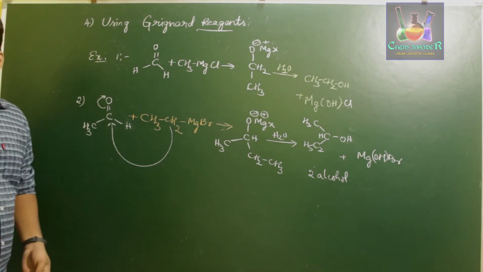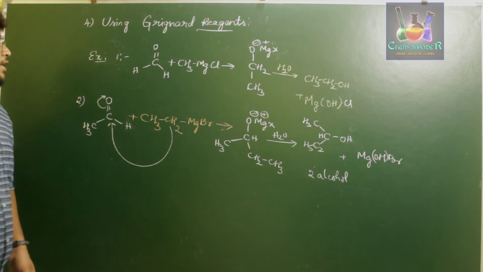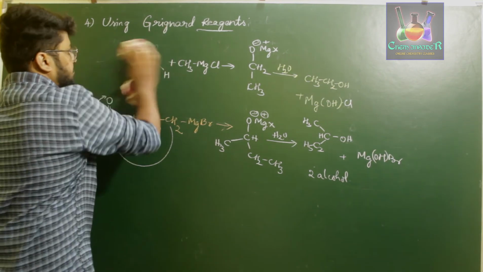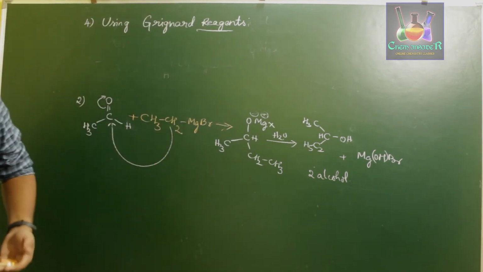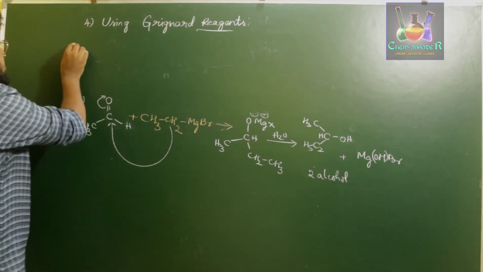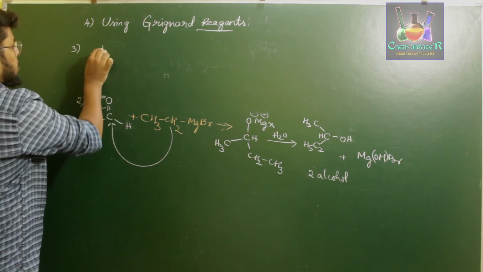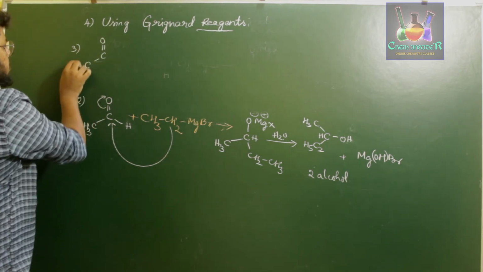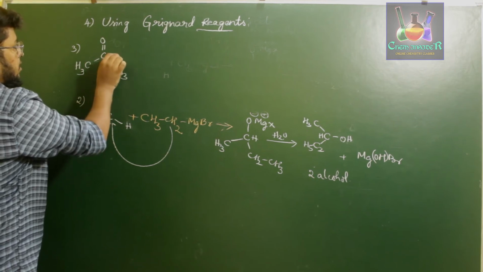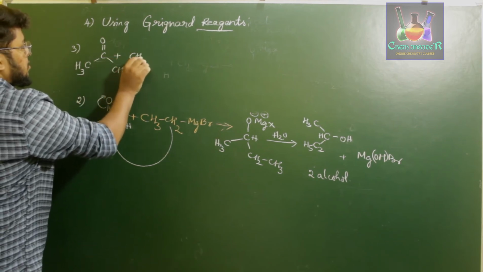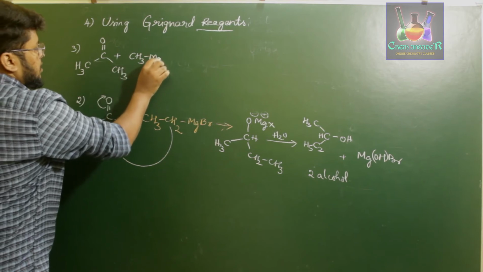Now if you want to consider the tertiary alcohol, let us take an example of a ketone. C double bond O with CH3, with CH3MgCl.